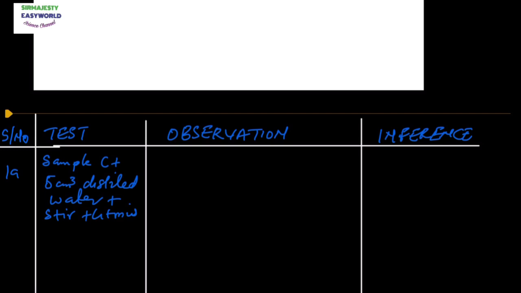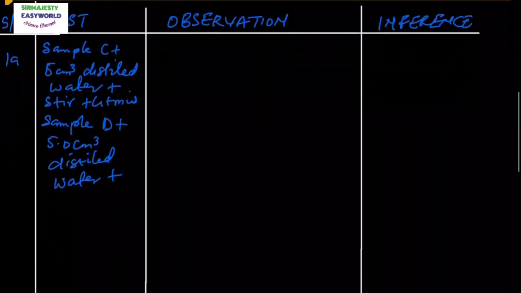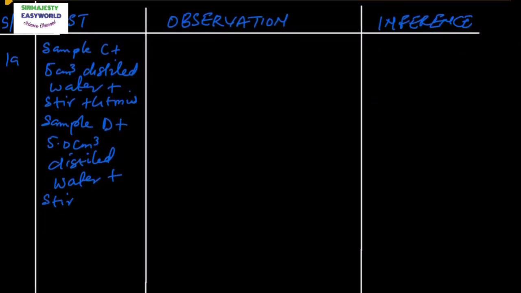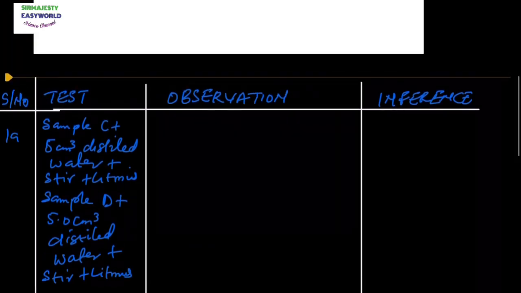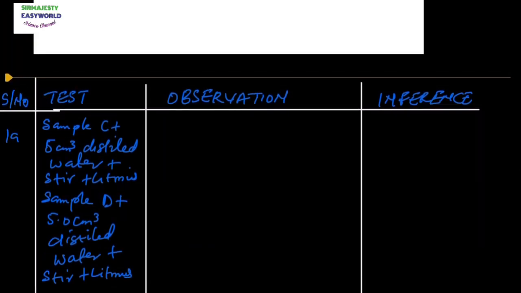So we have also sample D plus 5.0 cm cube distilled water, plus stir, plus litmus. They are all possible, so whereby we can subject ourselves to dividing this into maybe 2.